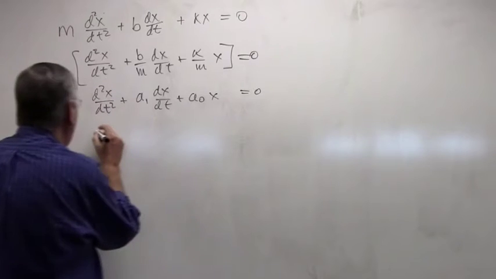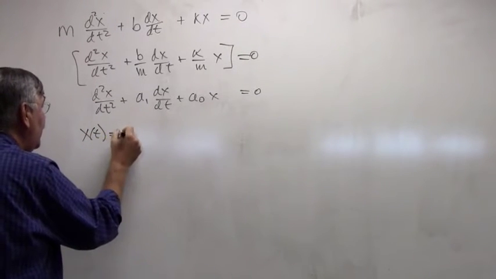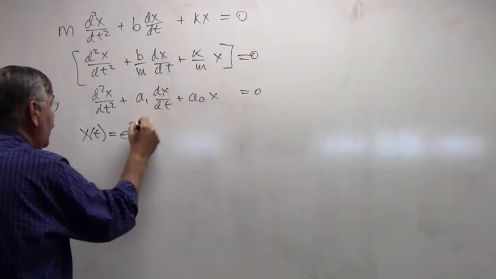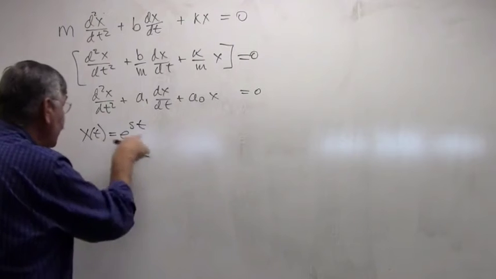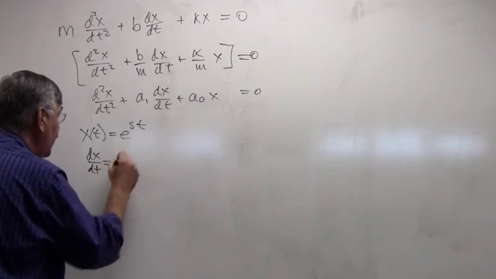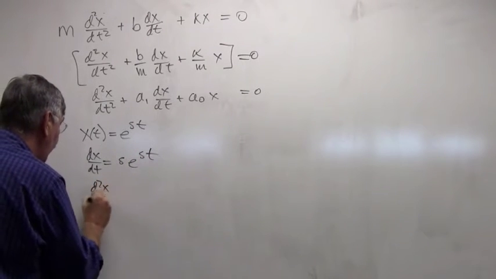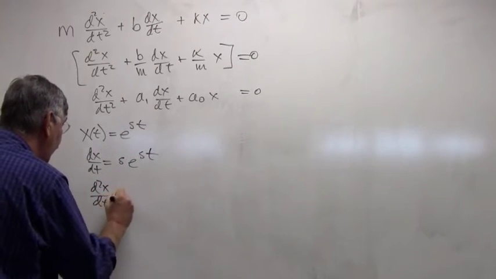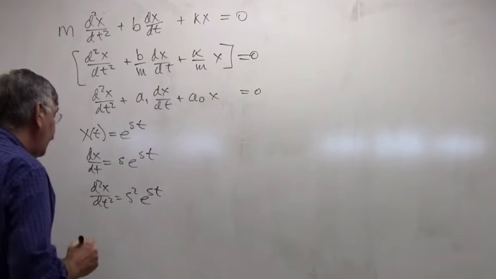Suppose we write x of t as e to the st, where s is just some number and x is our solution. If you take the derivative formally, an s pops out, and if you take a second derivative, you pull out another factor of s, giving s squared.